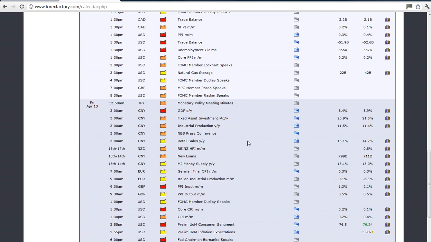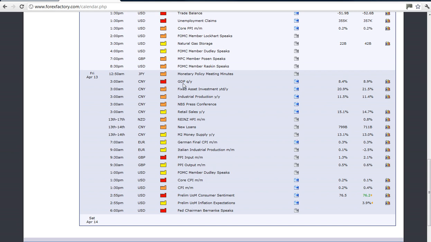So, in terms of Friday, we have China GDP, a very interesting number, because it does have an effect on risk appetite. So euro dollar always gets affected by it because China has such a good relationship with the US, so you want to keep an eye out on that. We have some UK data at 9:30. We have the UK PPI input numbers forecast at 1.3% month on month, previous was 2.1, so we're expecting a decline in those PPI input numbers.